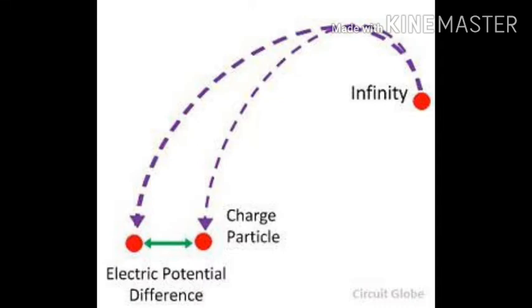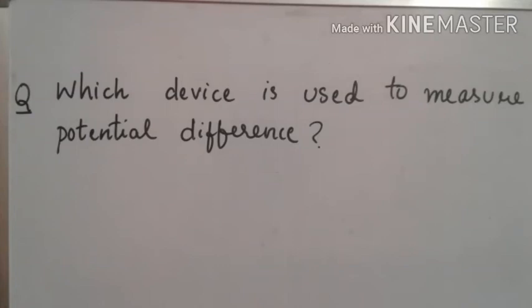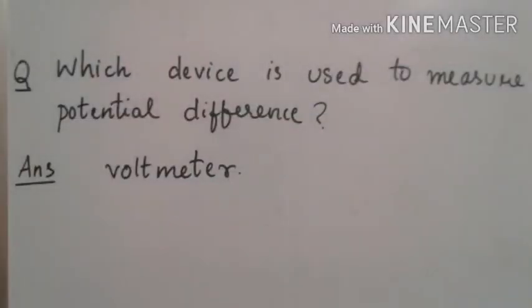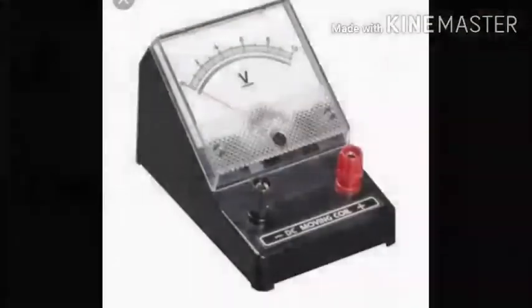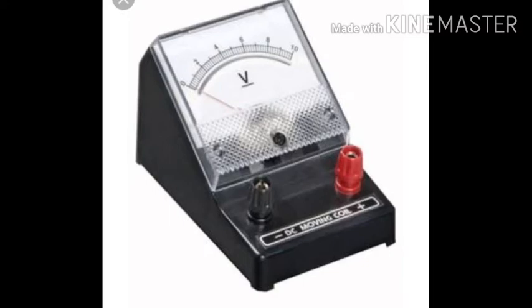Okay children, now let us see which device is used to measure potential difference in an electric circuit. It is a voltmeter. The name of the device is voltmeter, and it looks like a meter. This is the voltmeter, which has two terminals, positive and negative.